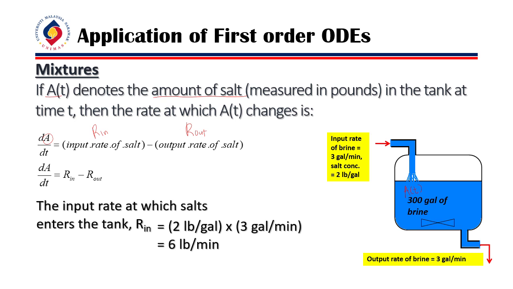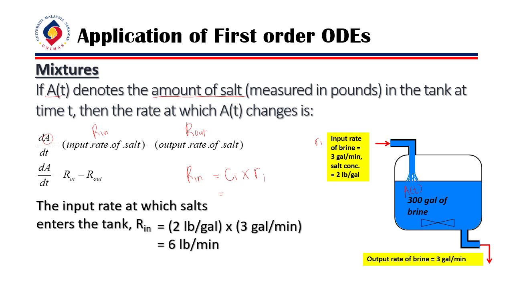Don't get confused between the small r, the rate, and the capital letter R. Usually R in, the input rate of salt, is equivalent to C in, the initial concentration, times the initial rate r in.